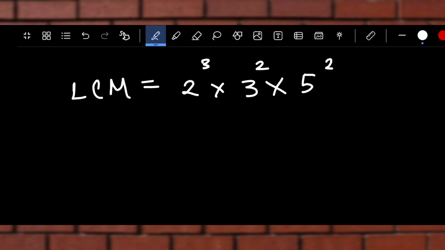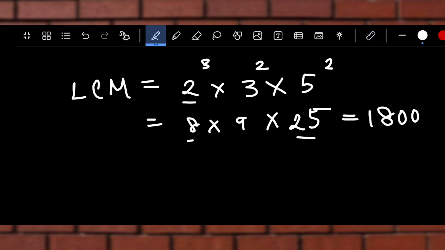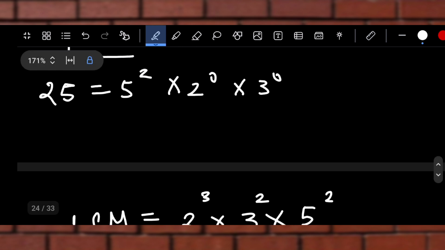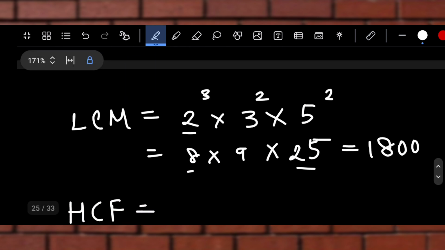So we multiply 8 into 9 into 25. 8 into 25 I know is 200 because 4 into 25 is 100. So 200 into 9 is 1800. Simple.